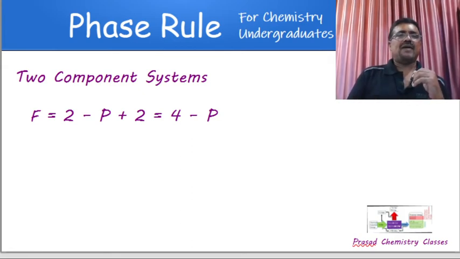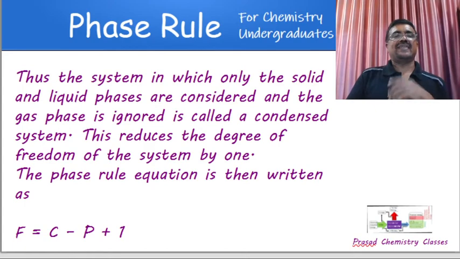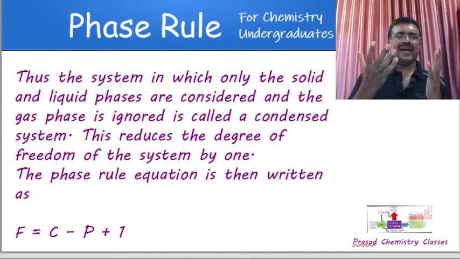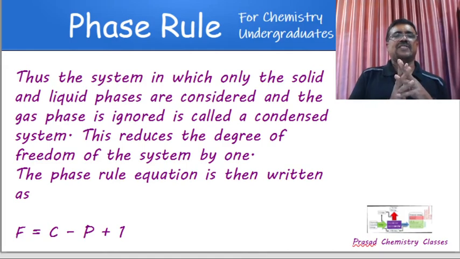But there is some convenience. We can have systems in which only solid and liquid phases are considered. We ignore the gaseous phase. And suppose we have the systems at 1 atmosphere pressure, and the pressure variable does not have much effect on solid and liquid, so we can ignore that pressure variable.